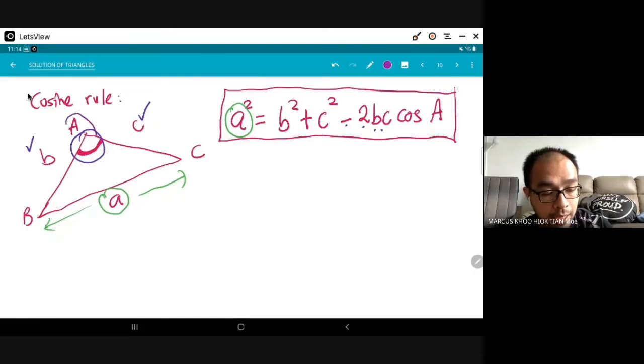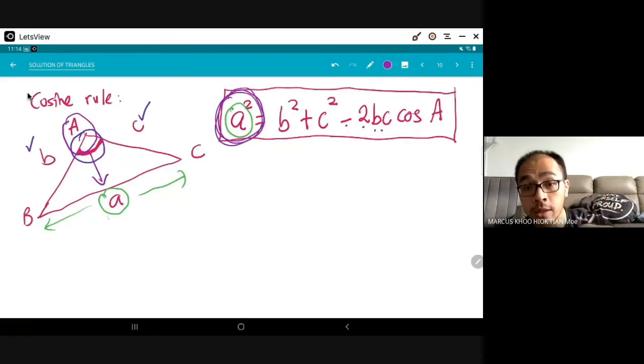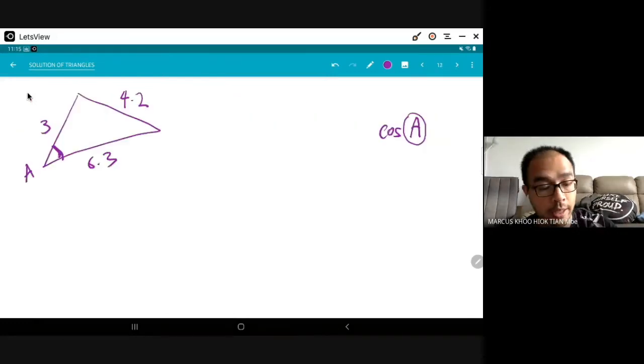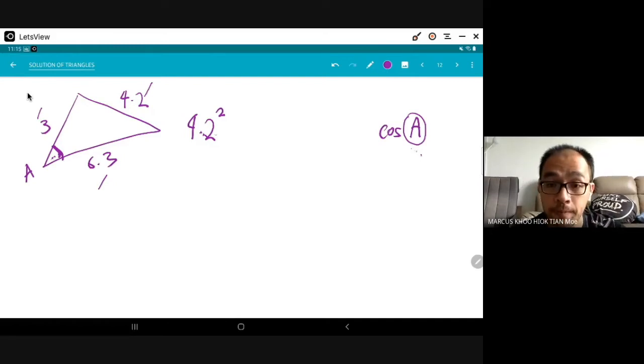The angle is A, so the start of your formula must be the side that is opposite to the angle that is given. This is the angle that is given, cos A. So what should be my beginning? Is it 3, is it 6.3, or is it 4.2? It is 4.2 squared, because the angle you want to find is cos A, this one.